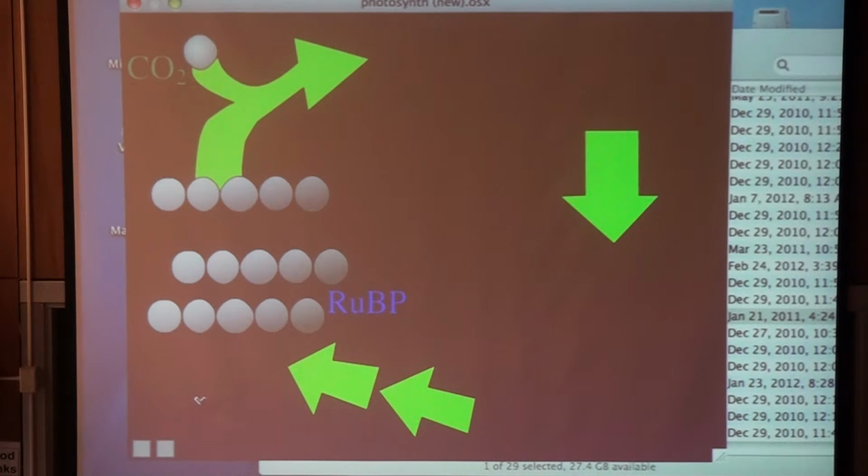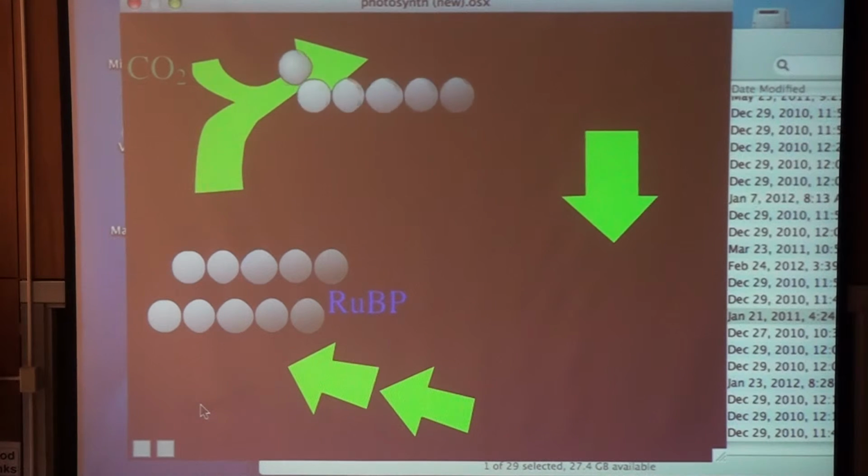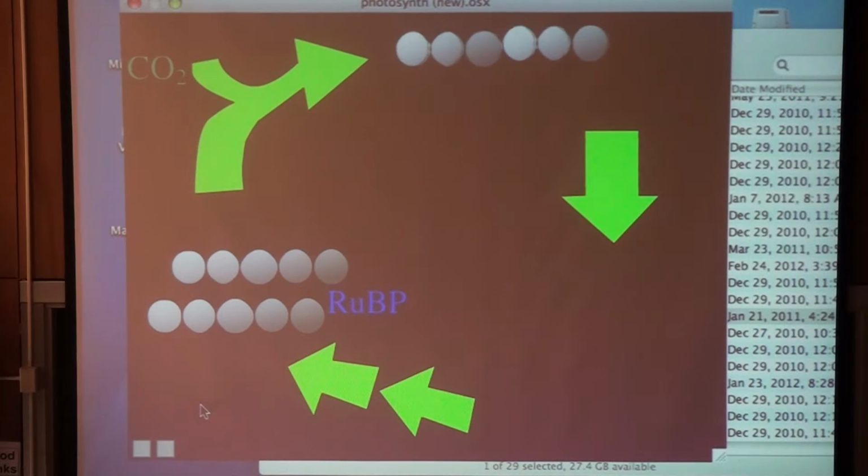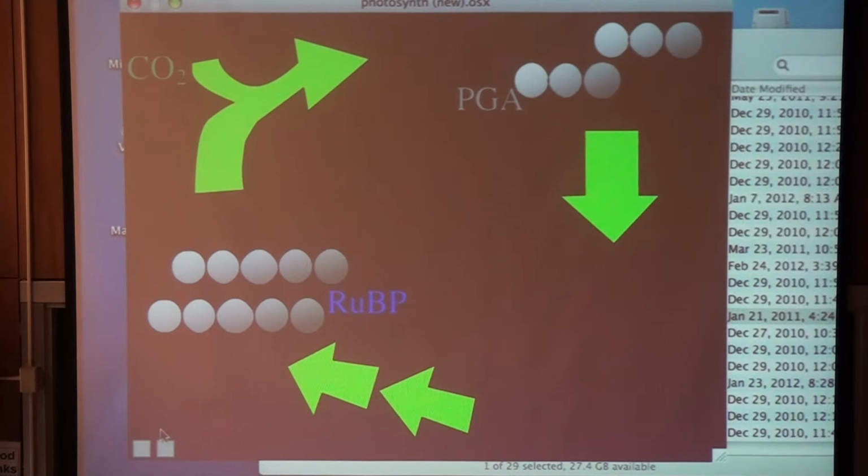All right, so what this first enzyme does is it carries out a chemical reaction where it joins this carbon dioxide carbon to the 5-carbon RuBP. And so you get this. Now, let me run that backwards.